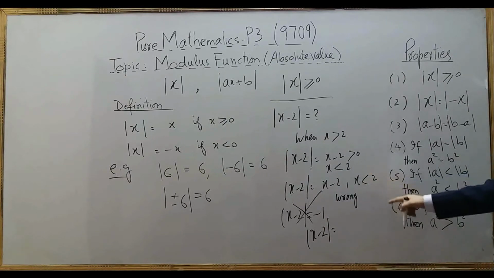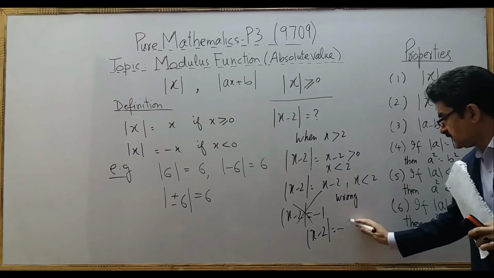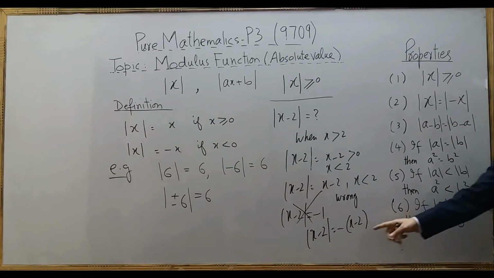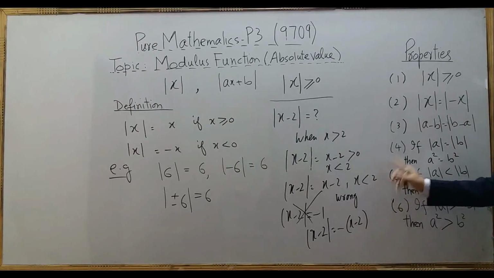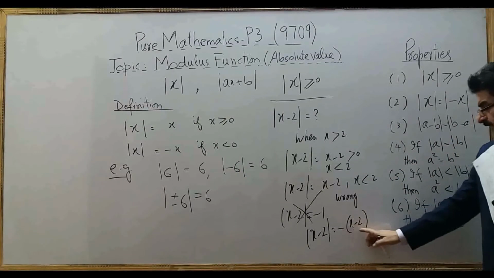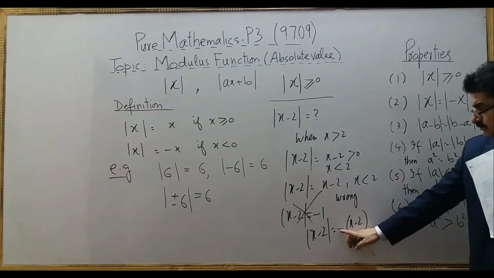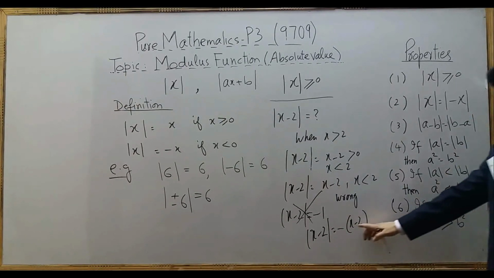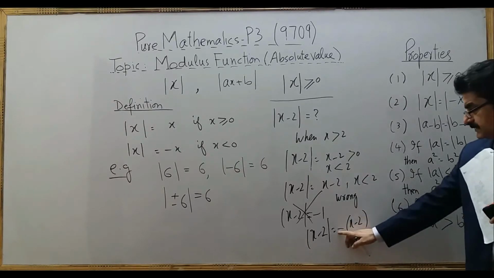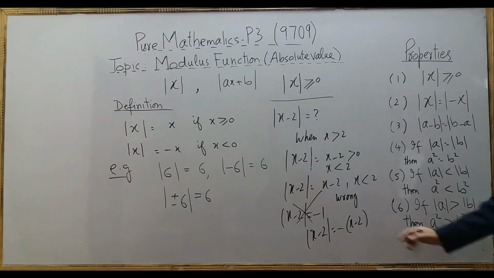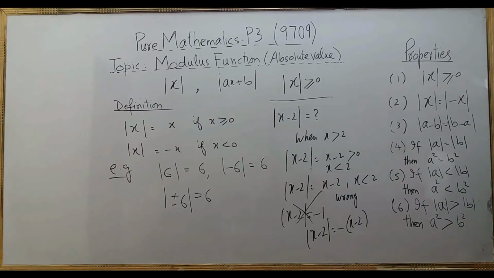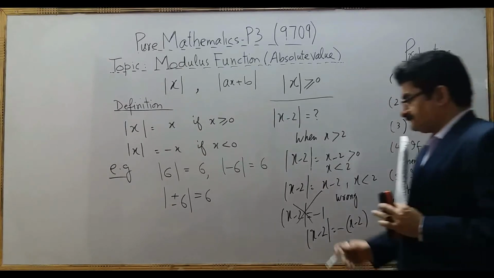For x less than 2, we put a negative sign, then it is true. If you put x equal to 1, inside the bracket you will have a minus sign, and minus into minus will become plus. If you put minus 3, it will be minus 5, and you will get a positive value. So again, see that x minus 2 mod is always greater than 0.